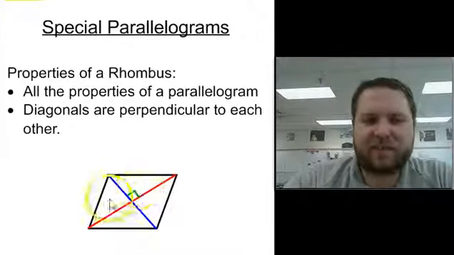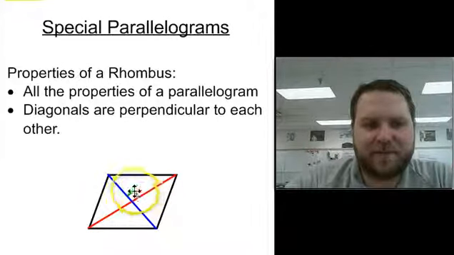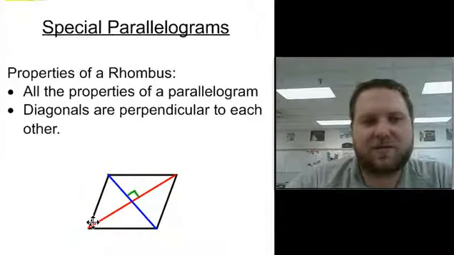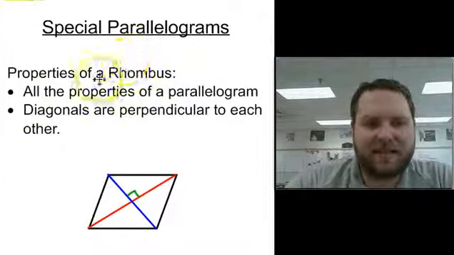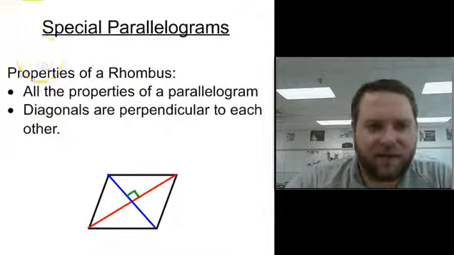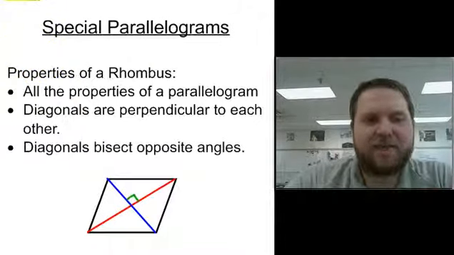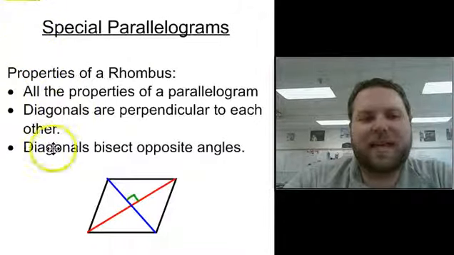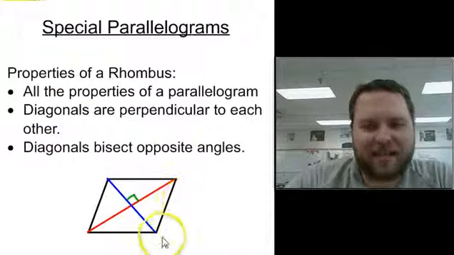And so all the other stuff still applies too. These still bisect each other, and now they bisect each other and are perpendicular to each other. And again, all of this is in addition to our definition of all sides are equal for a rhombus as well. And we also know that in a rhombus, the diagonals will bisect opposite angles.